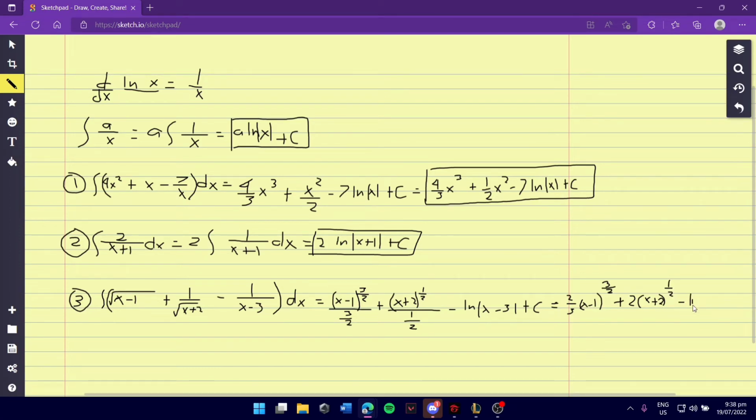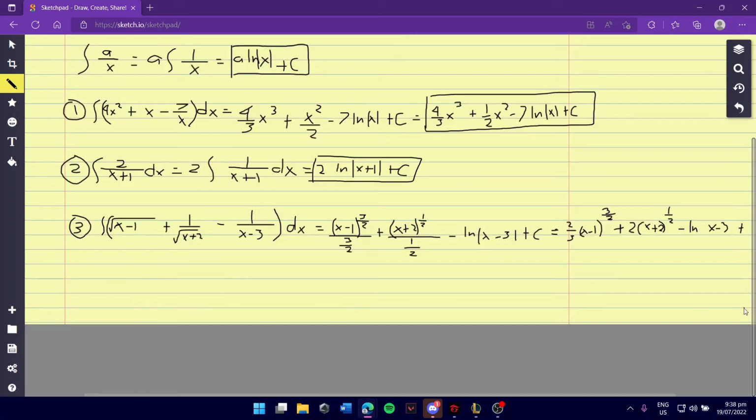Then copy the ln of x minus 3, and then the plus c. This is now your final answer for this.